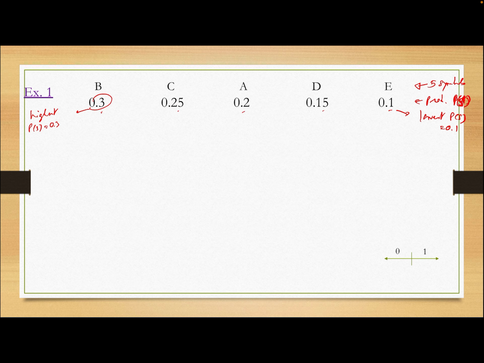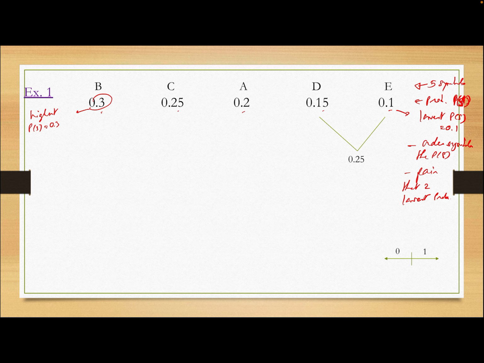This one has the highest symbol probability, equal to 0.3. Then you order it from 0.1, 0.15, 0.2, 0.25, 0.3: lowest probability on the right to the highest probability on the left. Order the symbols based on PS.